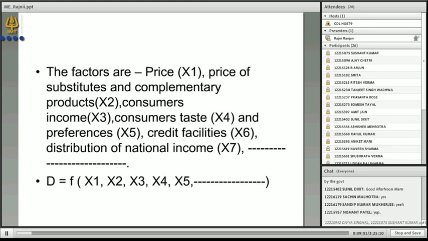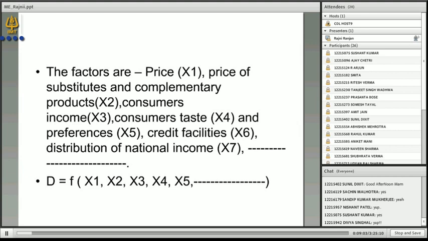I hope all of you understood this expression, which is a mathematical expression that brings us closer to the fact that in economics we deal with variables, where in this case demand is a dependent variable on various independent variables like x1, x2, x3, x4, and so on. That is why we are going to cover a little bit of mathematics.